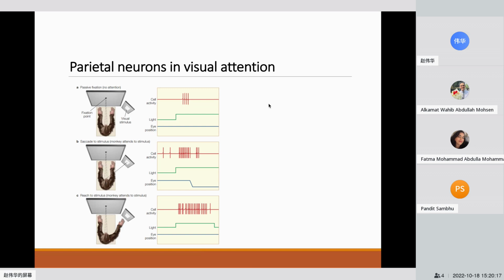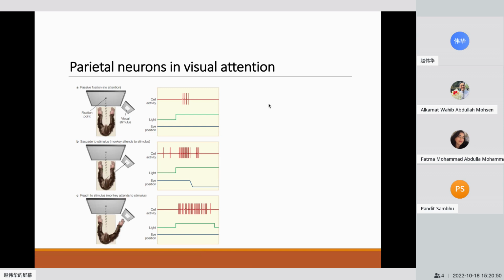The parietal lobe has extensive connections with subcortical areas like the pulvinar and the frontal cortex, as well as other parts of the visual pathways. So the parietal cortex is thought to contain multiple representations of space. But what is the role of the parietal cortex in attention?